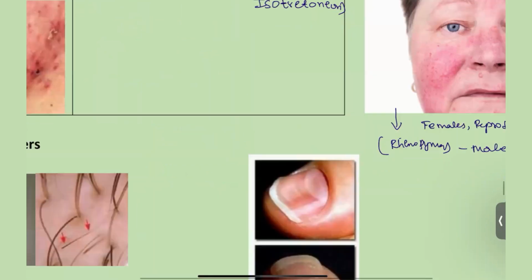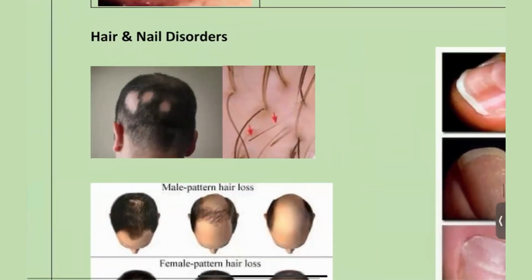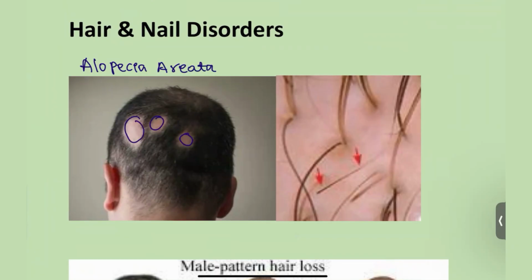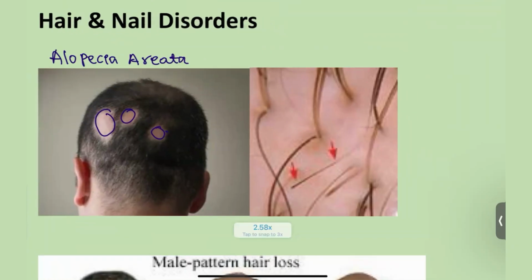Next, coming to hair and nail disorders. The first one is known as alopecia areata. This kind of patches will be seen in the patient, an autoimmune condition.